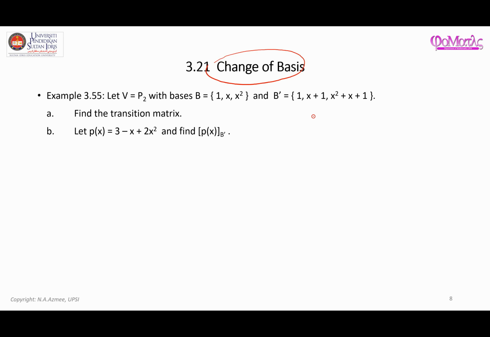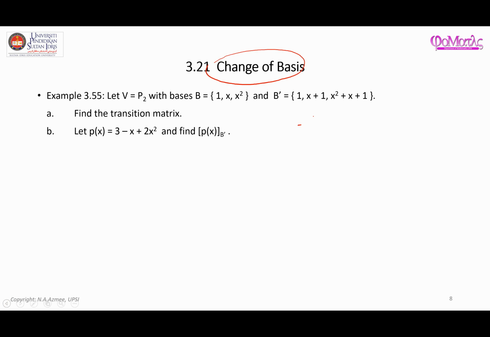I'm going to provide two more examples related to how you can find the new coordinate. For example, if you have a coordinate vector with respect to the old basis, how can you find the new coordinate vector with respect to the new basis here?